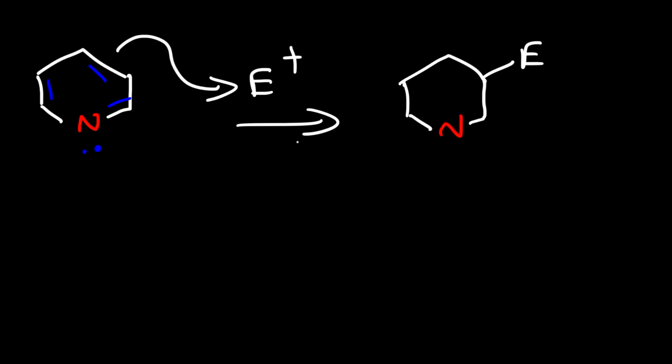And so we have this intermediate, and the positive charge will be on position 4. So now we could take the lone pair, take this double bond and move it here in that region, giving us this resonance structure.